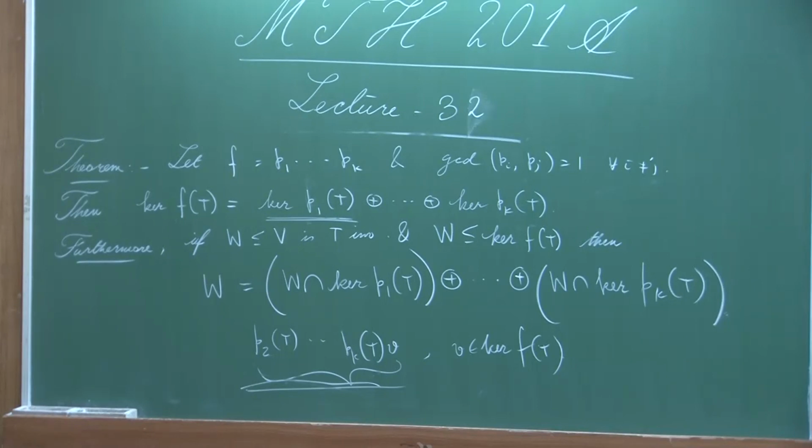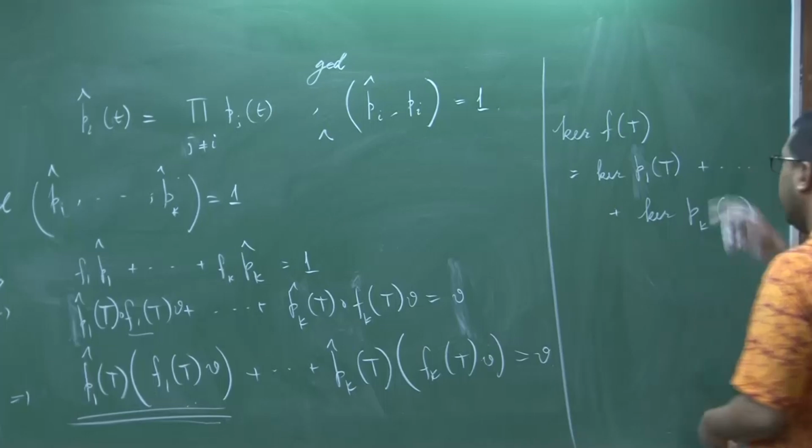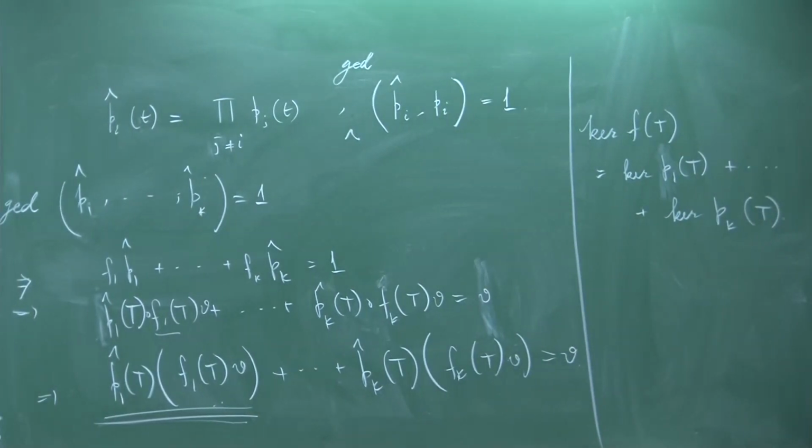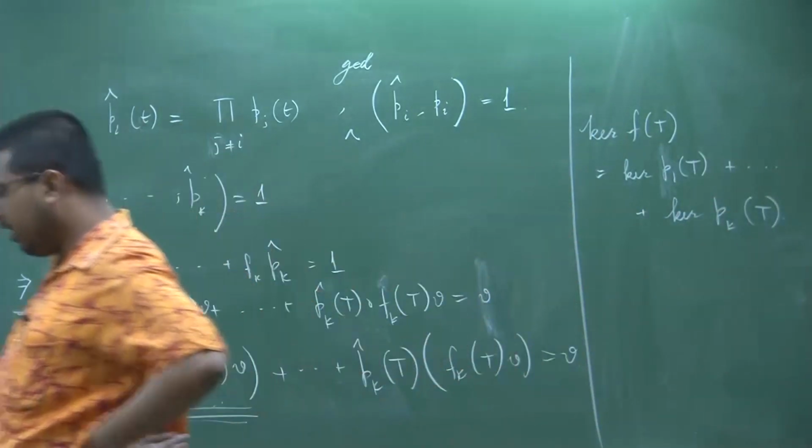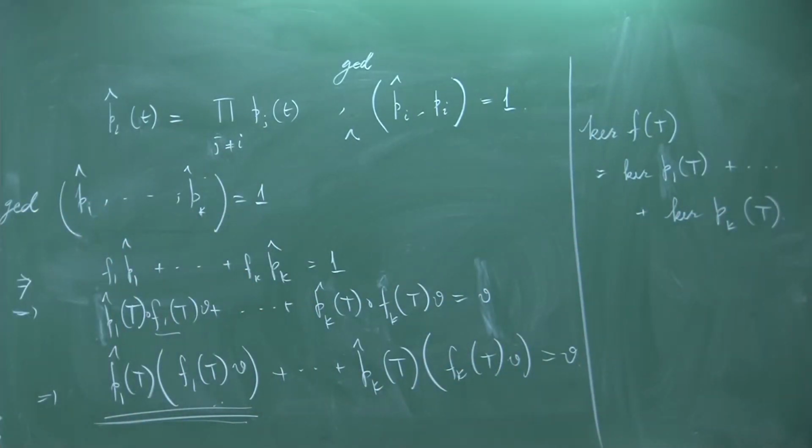And anyway, now we are supposed to prove that this sum is direct. How to show that the sum is direct? In order to show that a sum of subspaces is direct, what do you need to do?